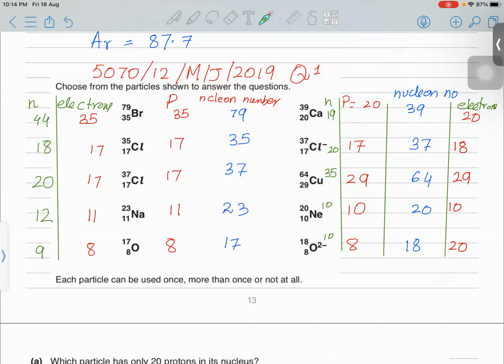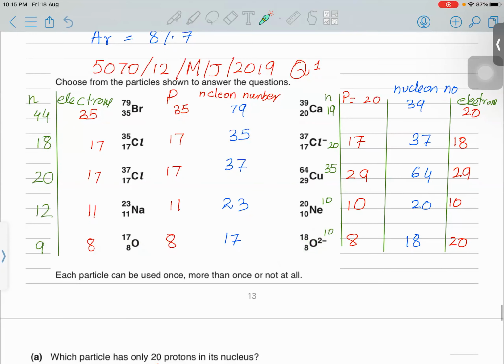Yes, 18 minus 8 is 10. Okay, sir. So neon and oxygen.